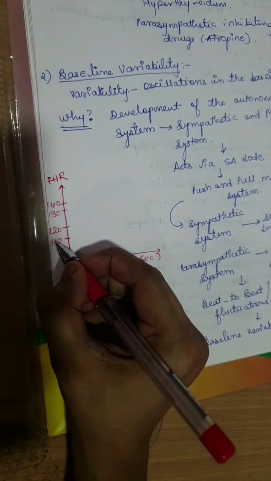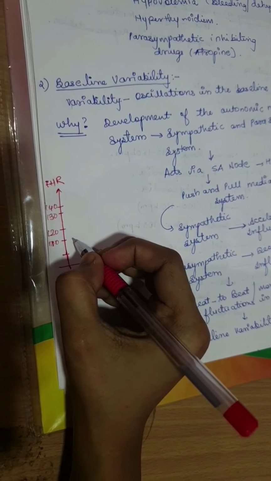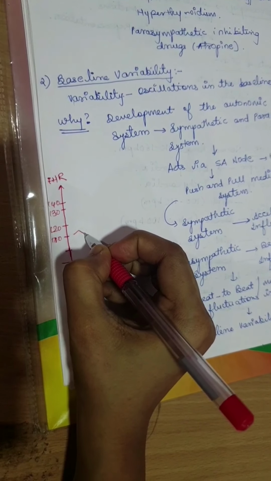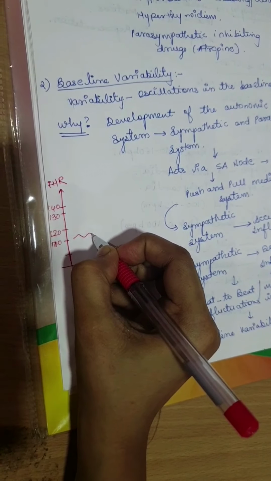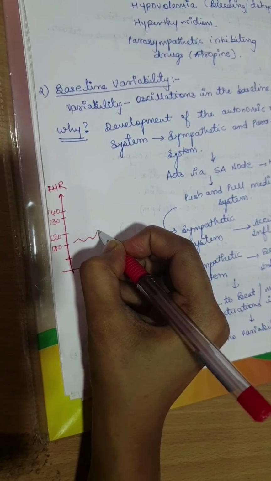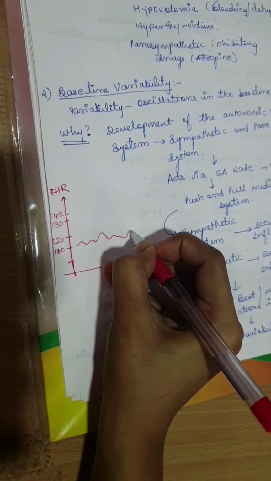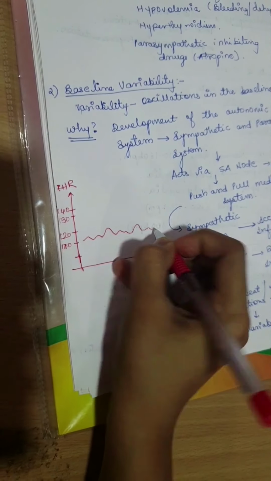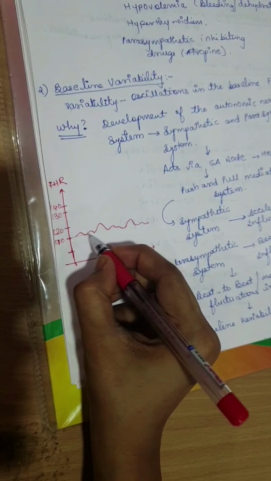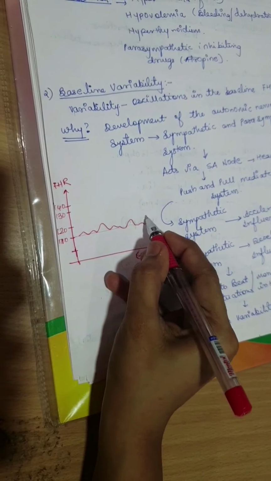If the baseline of this fetus is from 110 to 120, this will be the pattern. And what is the variability? There will be fluctuations in the fetal heart rate. This is the baseline, that is 110 to 120.